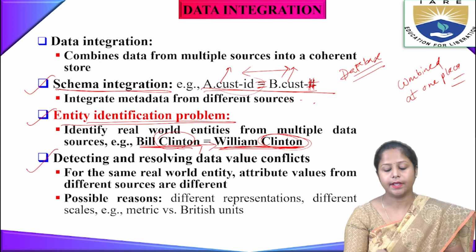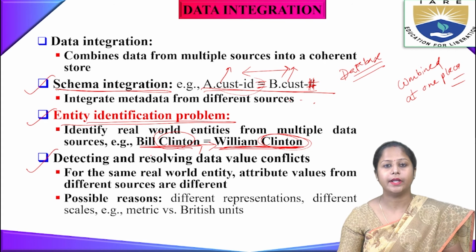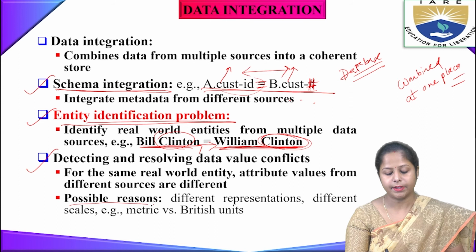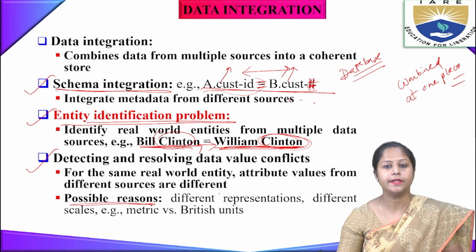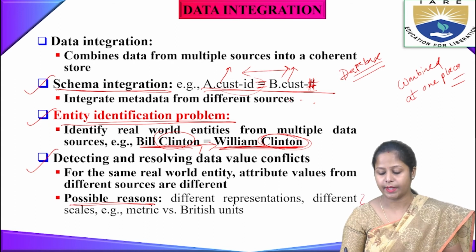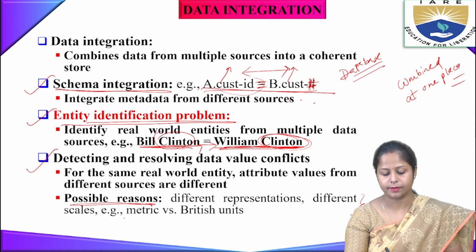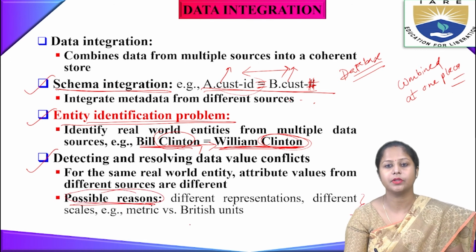Next is detecting and resolving data value conflicts. For the same real world entity, attribute values from different sources are different. Possible reasons: different representations, different scales. That type of variety comes under these possible reasons.